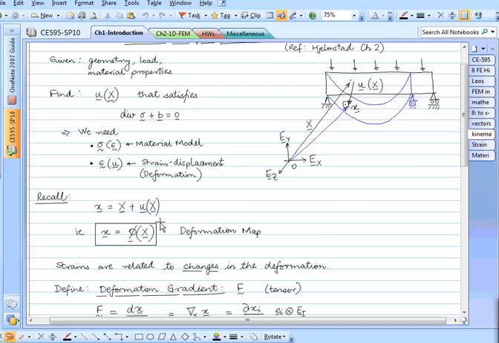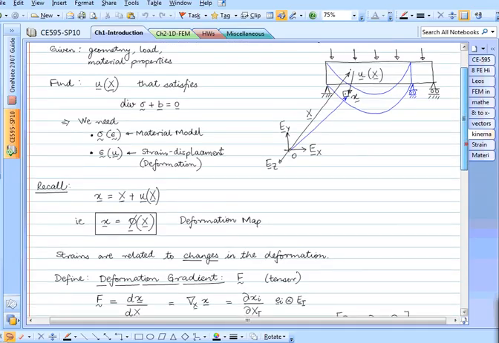Another way of saying the same thing is that small x is a function of big X, and that function is called the deformation map. How many of you remember studying this deformation map from last time? Okay, so this is the same deformation map.